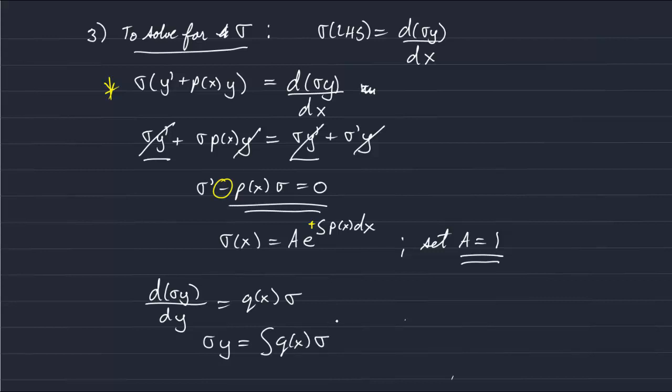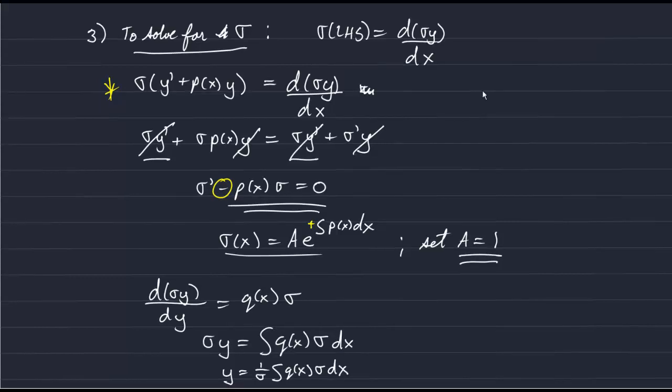And that gives us y is equal to 1 over sigma times the integral of q of x times sigma dx. I need to write my dx in this first integral. So now we add our constant, and this gives us our general solution to our problem.